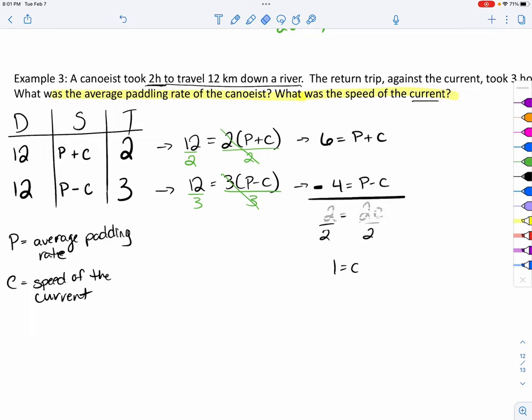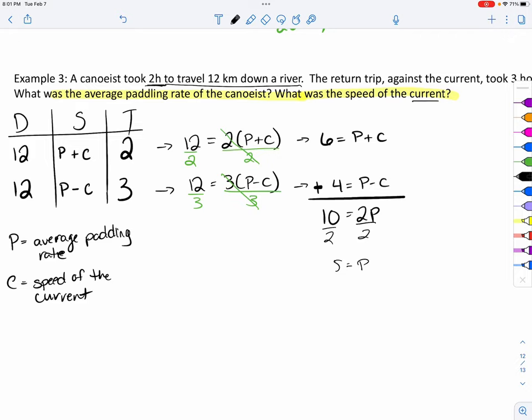Or if you added those, 6 plus 4 would be 10, P plus P would be 2P, C plus a negative C, now we've eliminated the C's. You can divide by 2, and 5 would be your paddling rate.